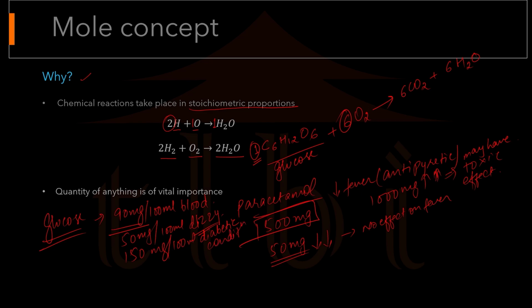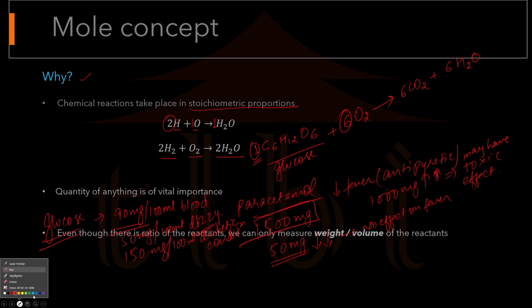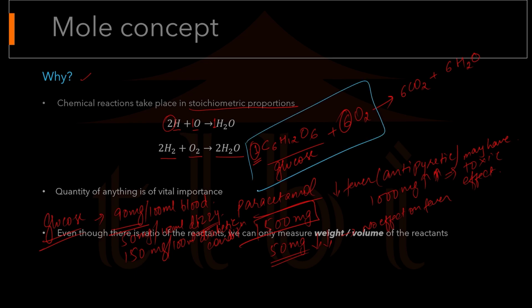Now, even though there is a ratio of reactants, suppose I want to set up this reaction, let me change the color to blue. Suppose I want to set up this reaction.